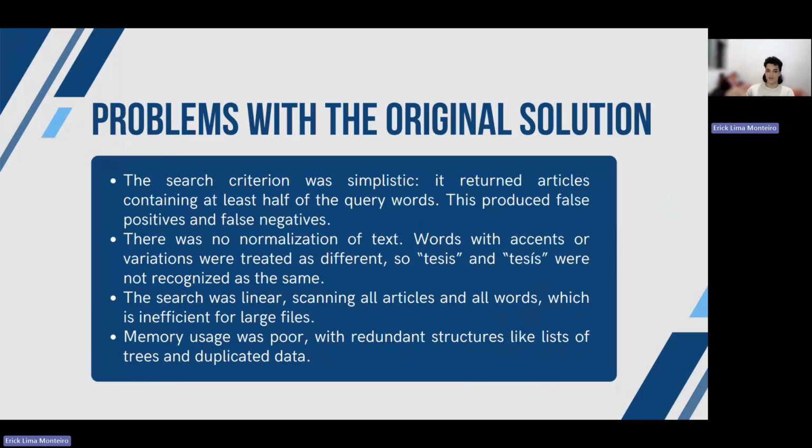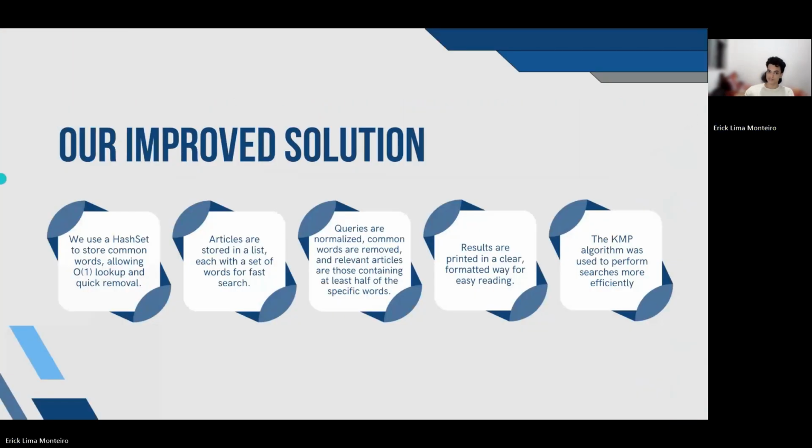Then it has weak normalization, so it treats words like "test" and "tests" as different. The search was linear scanning over all articles, which is slow, and the memory usage was poor, with redundant structures like lists, trees, and duplicated data.